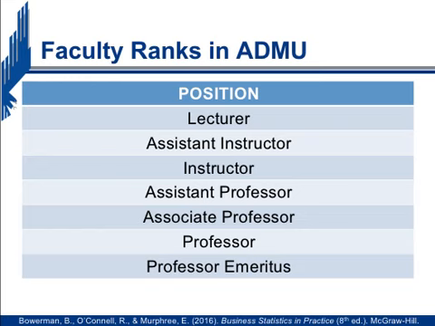And at the same time, it follows an ordinal scale because there is ranking among these categories. So the highest ranking is the professor or the full professor, and this has a higher ranking compared to all these other positions here.